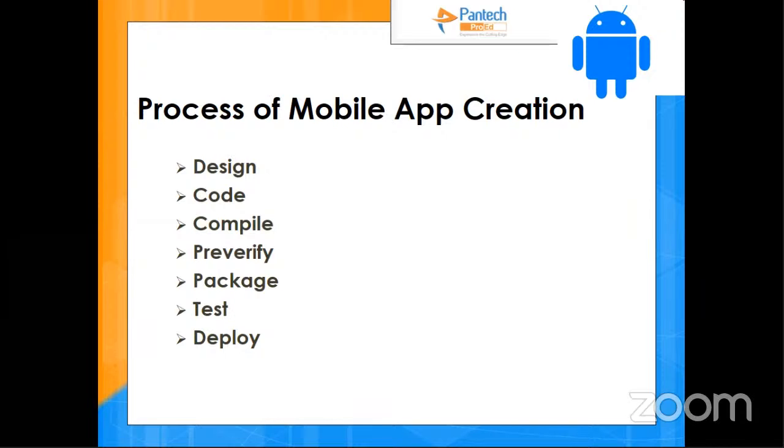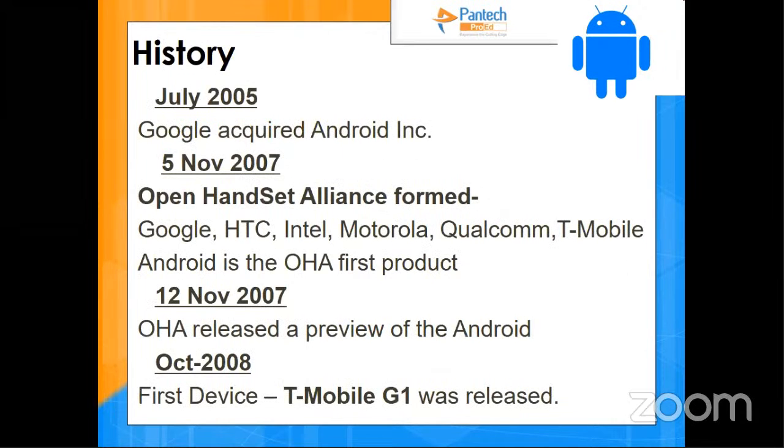The second part is the history of Android. Development started in 2003 by Andy Rubin and others, and in 2005 Google bought the OS, and in 2007 they officially announced that they were developing the Android operating system. The first is OHA, a group, because it is the Open Handset Alliance.